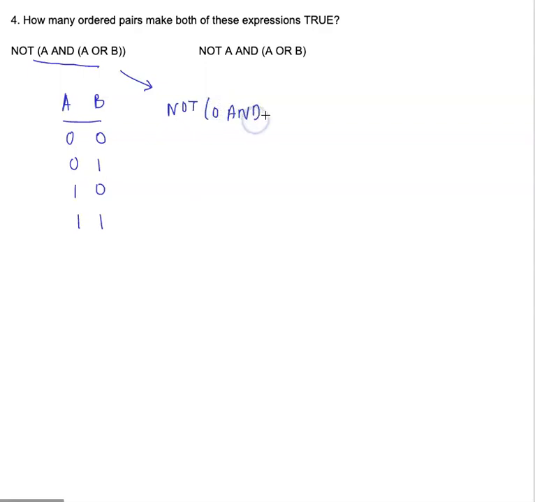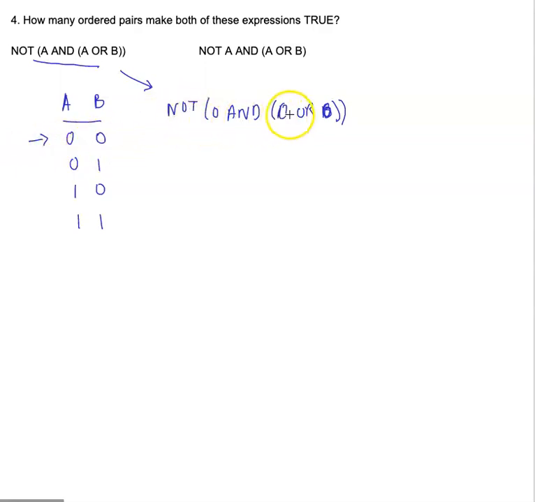Then simplifying the expression, following the identities of Boolean algebra and following the order of operations. I'm sorry, that was a zero, plugging zero in. So right now we are considering this first test case, 0, 0.